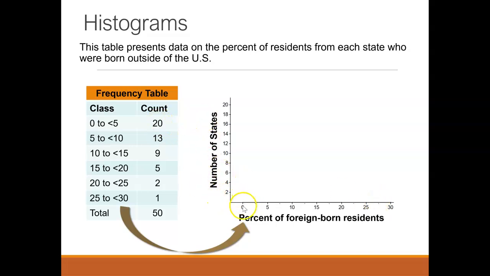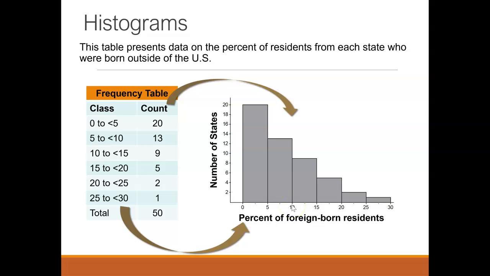So my first bar is going to go from 0 to 5 all the way up to 20. My second bar is going to go from 5 to 10 up to 13, and so on. Notice the bars are all touching. Is everybody cool as to what a histogram looks like?